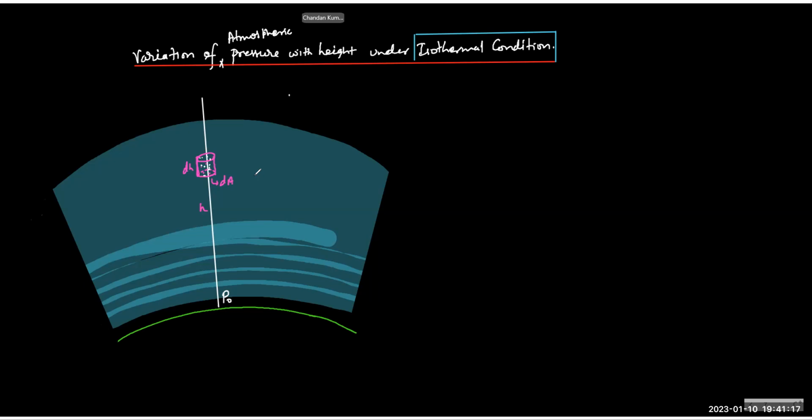So can we say the entire air is at static equilibrium? Yes or no? Tell me, guys. Yes. The entire air is at static equilibrium. Sir, how is it static? Because it is not moving. It is at rest with respect to the Earth.